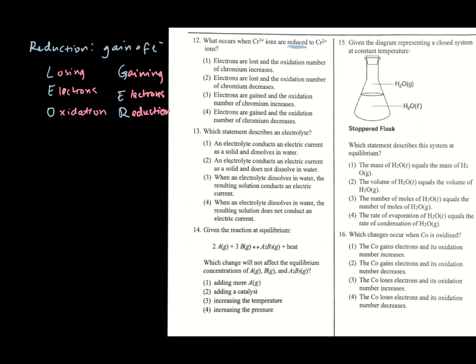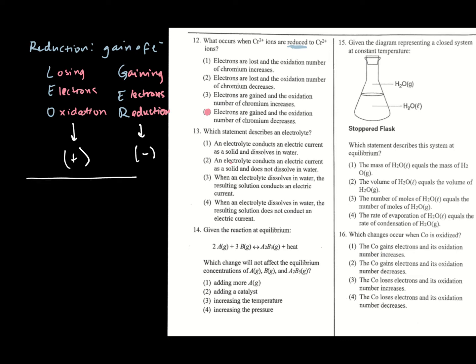Electrons are being gained and the oxidation number decreases, becomes more negative. Whereas LEO, losing electrons for oxidation, makes it more positive. That's higher. So the oxidation number decreases while electrons are being gained. Good.